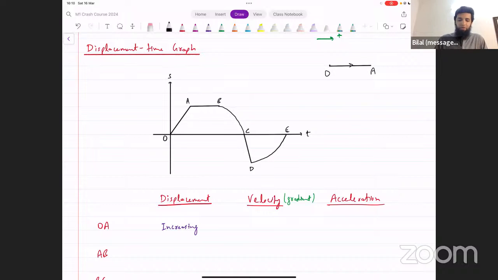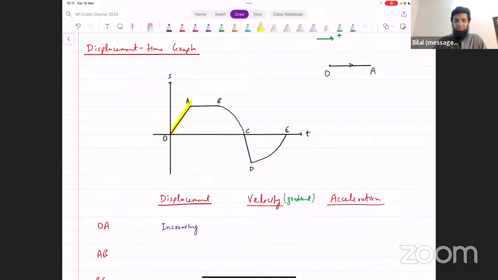Then, what about velocity in this part? What's happening to velocity? Is velocity increasing or changing? Constant. Velocity is constant. Velocity is represented by the gradient of the graph, right? The gradient of this graph is constant.